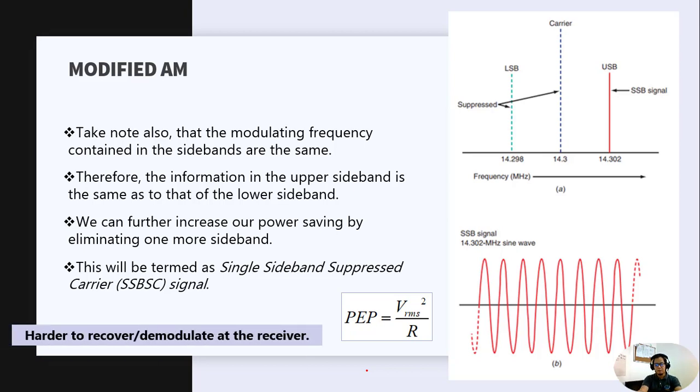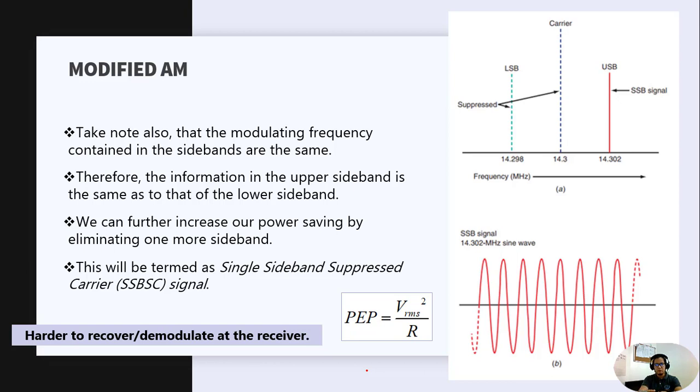The problem naman with SSB-SC is mas mahirap i-demodulate yung signal pagdating sa receiver side. Bakit? We will be discussing this naman pagdating natin sa receivers na lecture.